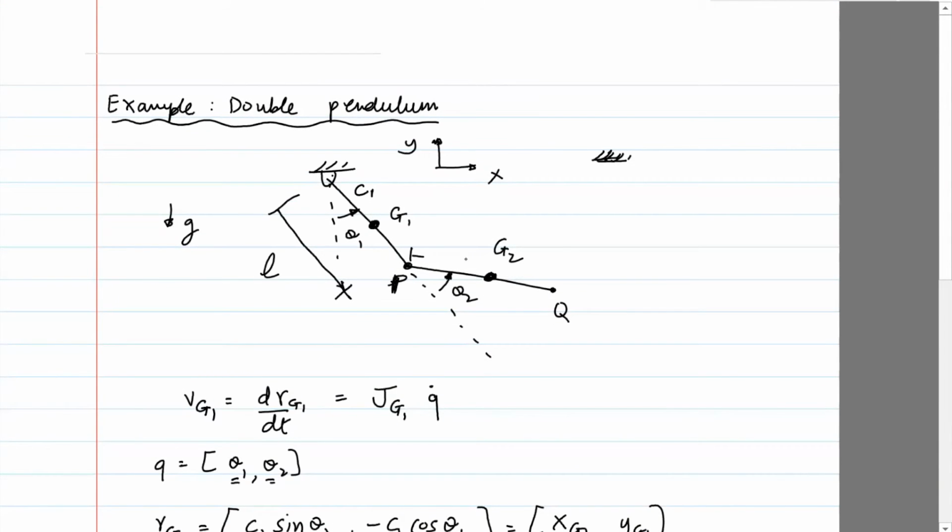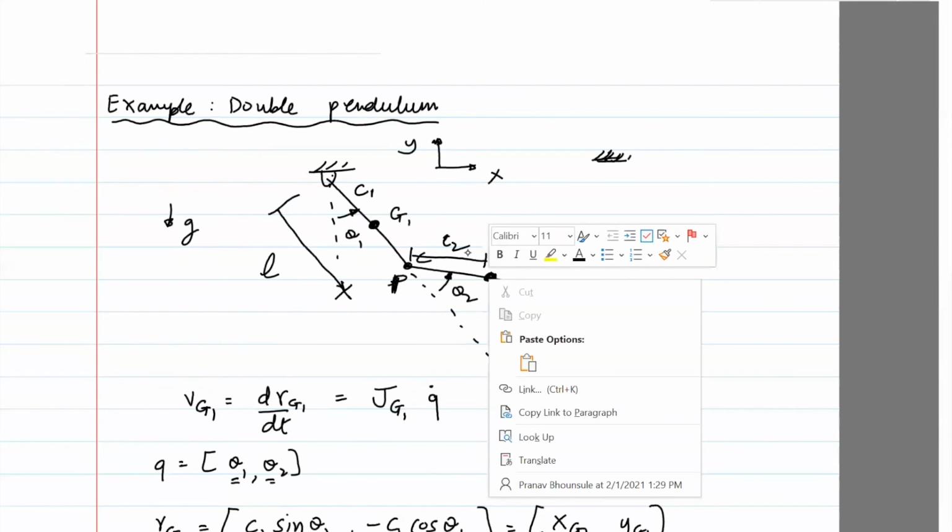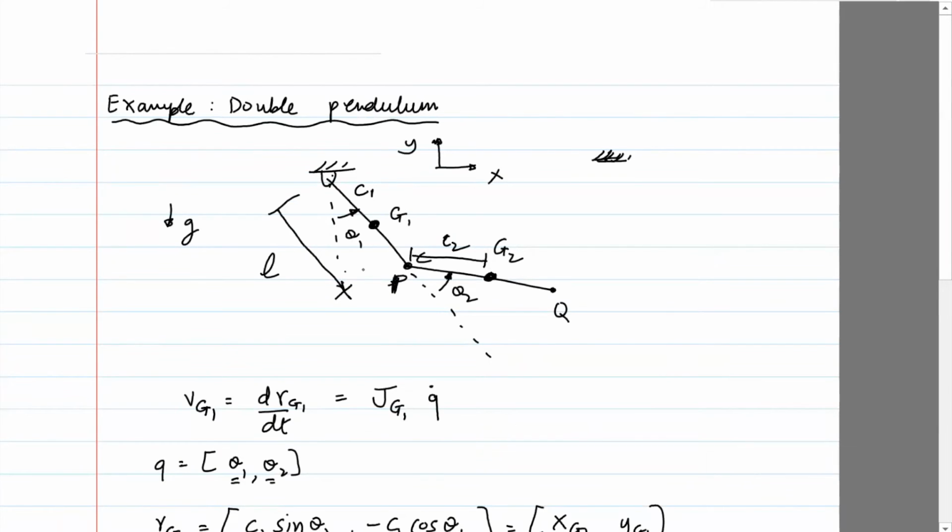And then let's say that this is C2. So you can see that the x position of G2 is going to be L sine theta 1, and then you'll have to add on to it C2 times sine of theta 1 plus theta 2.